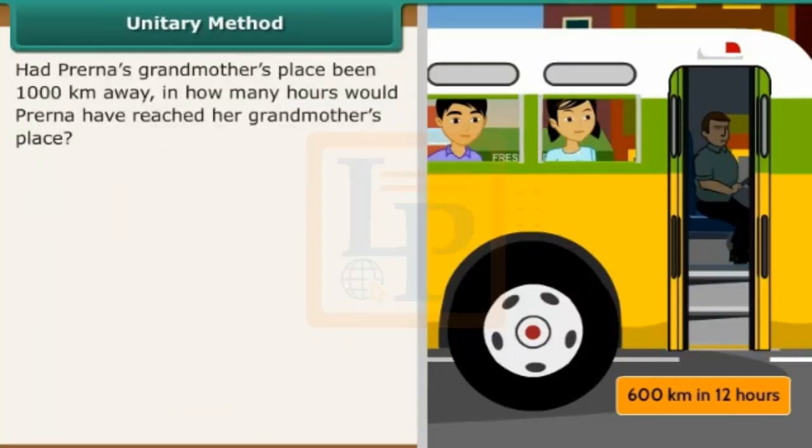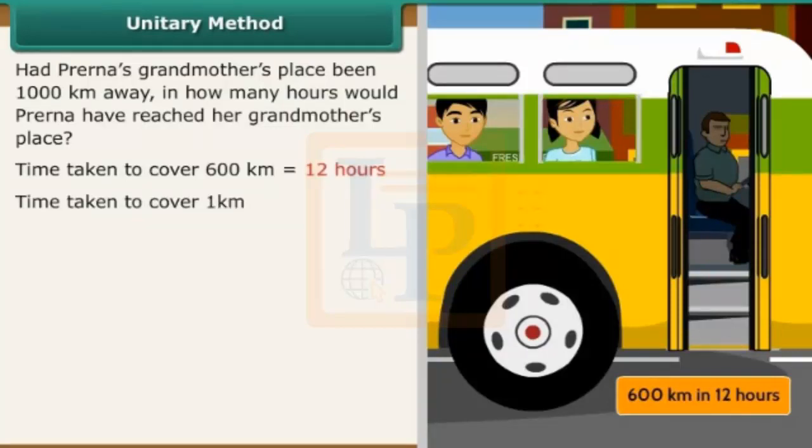Had Prerna's grandmother's place been 1000 km away, in how many hours would Prerna have reached her grandmother's place? Time taken to cover 600 km is equal to 12 hours. Time taken to cover 1 kilometer is 12 divided by 600 hours.